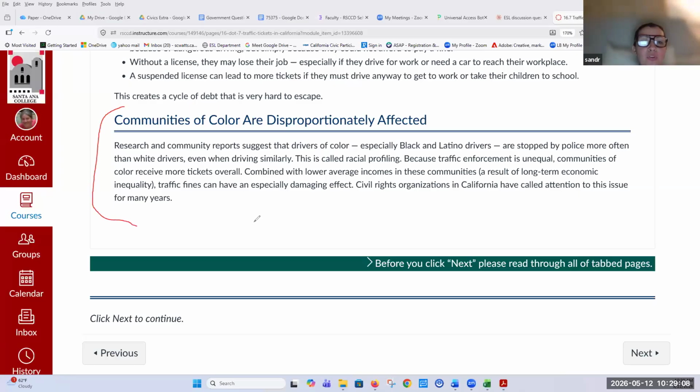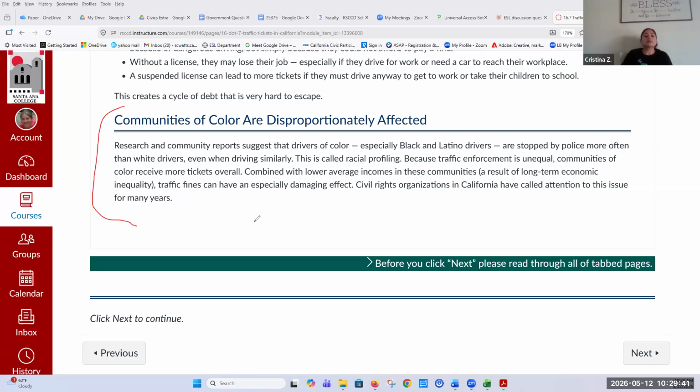Okay. Communities of colors are disproportionately affected. Research and community reports suggest that drivers of color, especially Black and Latino drivers, are stopped by police more often than white drivers, even when driving similarly. This is called racial profiling. Profiling.